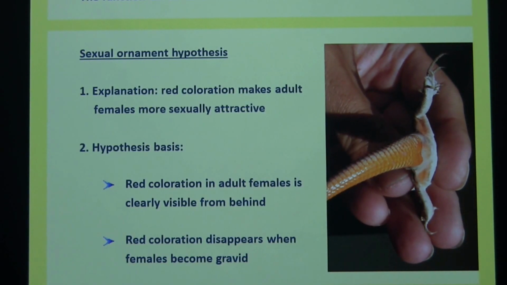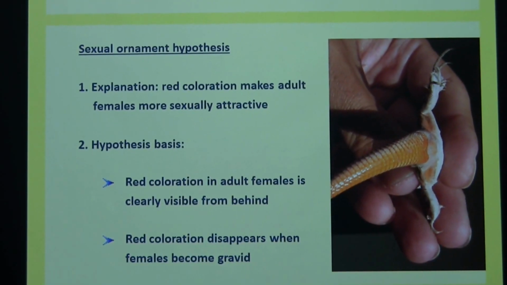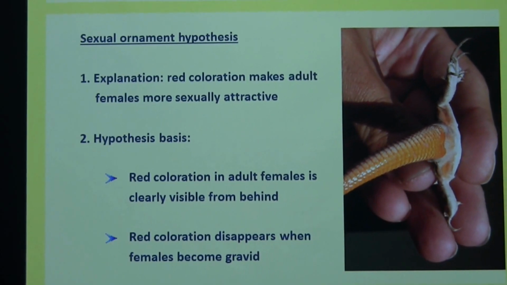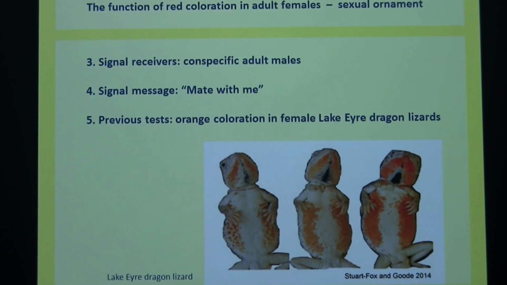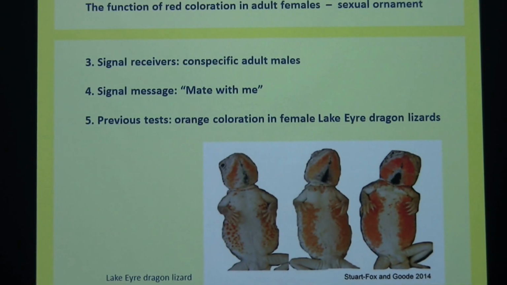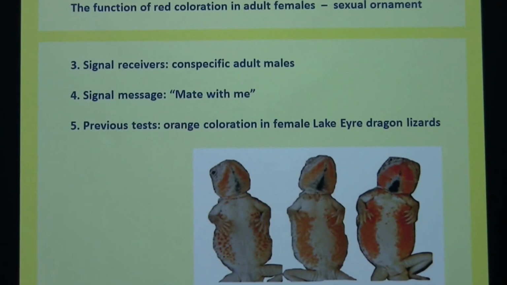And the red coloration disappears when females become gravid. The receivers of the signal are conspecific adult males. The message of the signal is something like "mate with me." And this hypothesis has been previously tested in other species, for example, with the orange ventral patches of females in the lake dragon lizard.